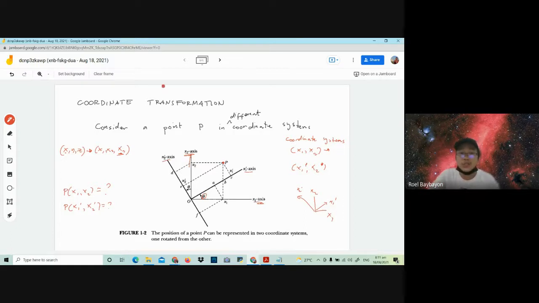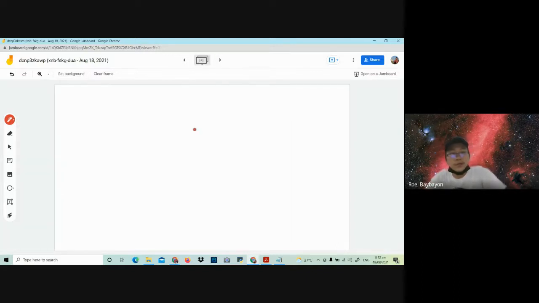So the question is, again, there is a relationship between the prime and unprime axes due to this angle theta. Okay? If I have this coordinate system, this is my x1 and my x2, right?